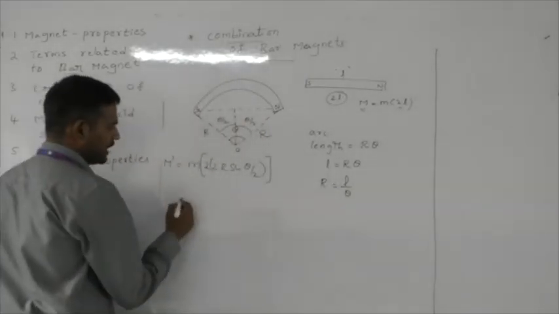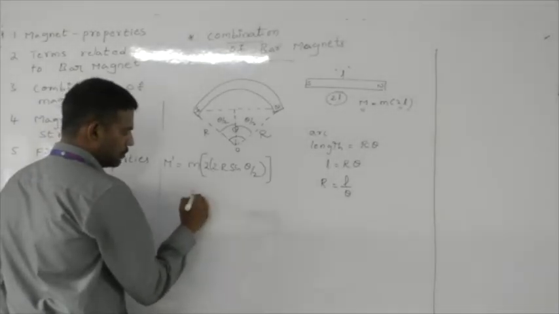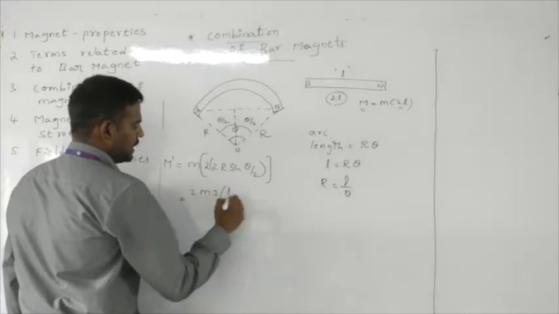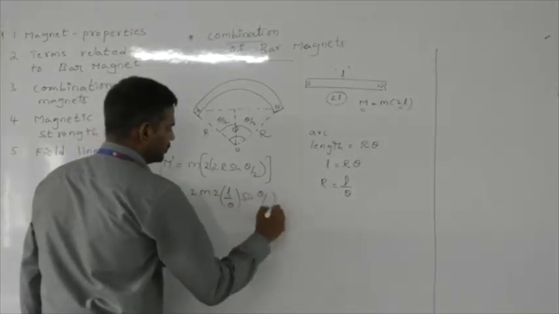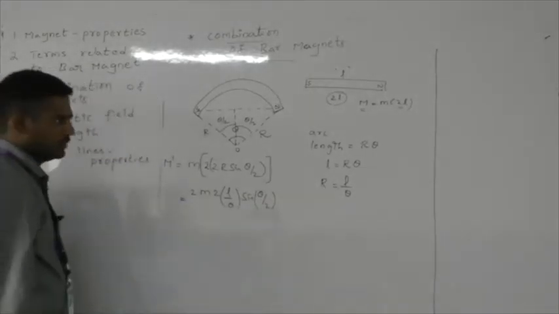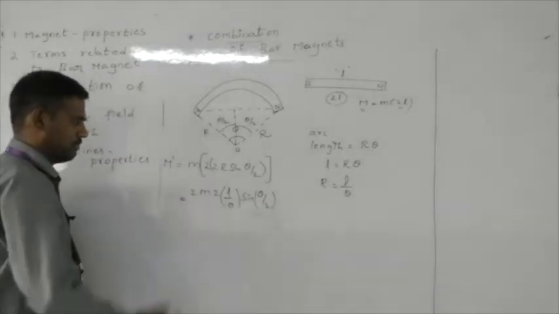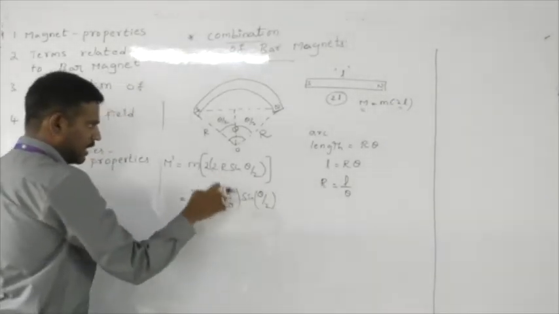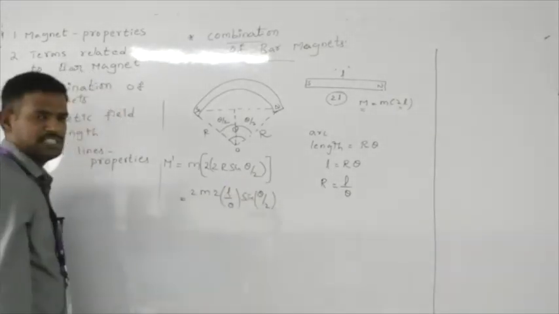Then what am I going to get? Shall I rearrange this expression like this? 2 times M into 2 into L by theta, sin theta by 2. The same expression, just rearranged. The 2 I have taken out, M into, in the place of r I take L by theta, and the 2 remains the same here, and sin theta by 2 is left over.